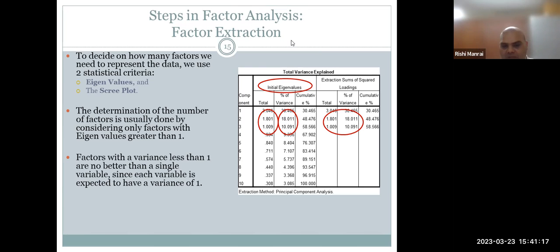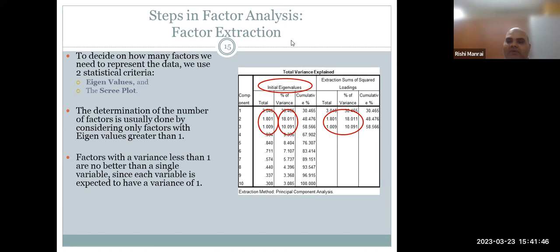A single variable is expected to have a variance of 1. So all those factors which have a variance of less than 1 are basically not combining with any of the other factors. Therefore, they are not eligible to become a construct in the factor analysis, and we do not consider them as a construct.